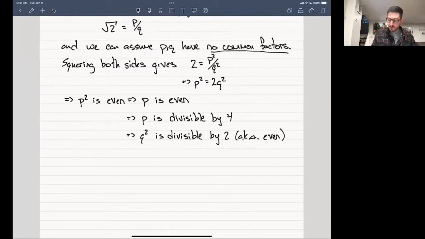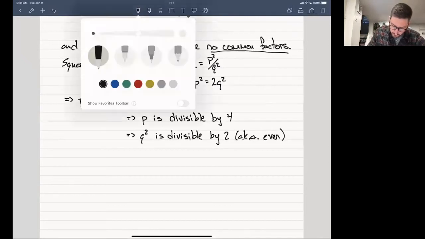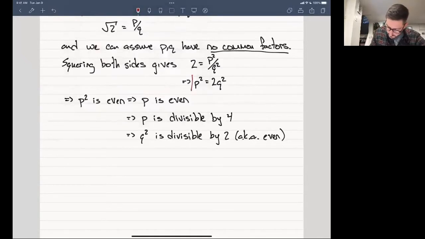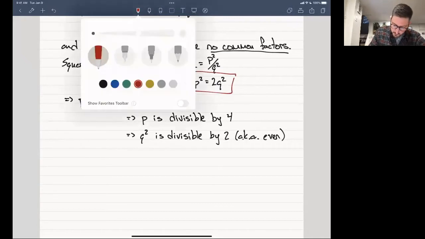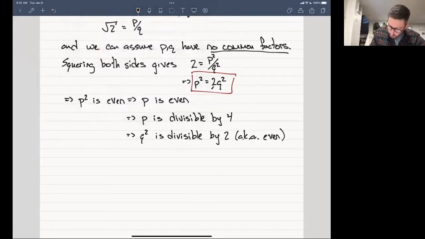This just comes from the fact that if you look at this equation right here, p squared is divisible by 4. Only one factor of 2 is being pulled out of this. There is another factor of 2 that can be pulled out of p squared or out of q squared. But again, now we have a square that's even. This tells us that q is even as well.